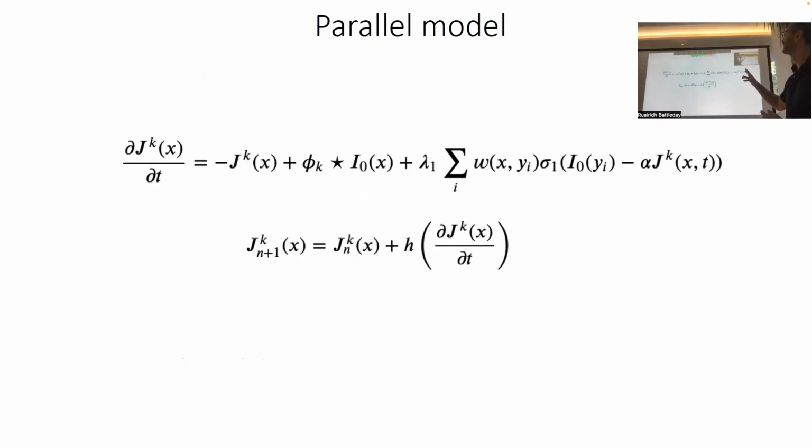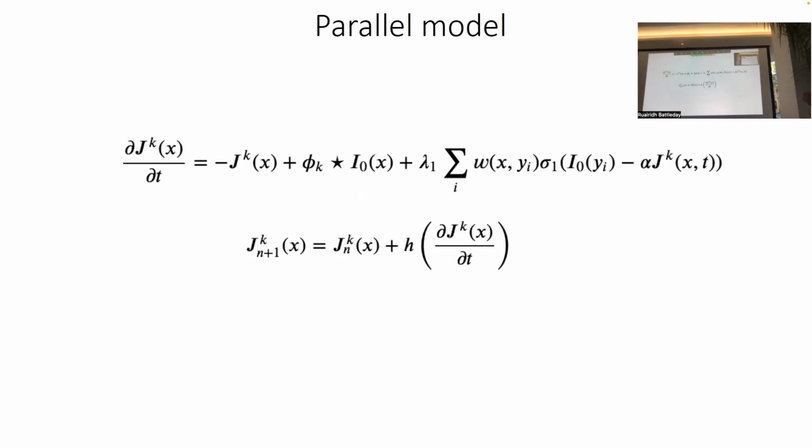So here, J is the activity of the unit, of the neuron. The second term is the linear part. Phi K is what we can call the linear receptive field, which is a Gabor. The third term is the nonlinear part, where W is the weighting of the nonlinear contribution, and it's a shifted Gabor of the same orientation as phi K in that particular case.